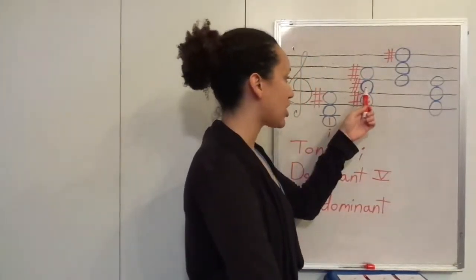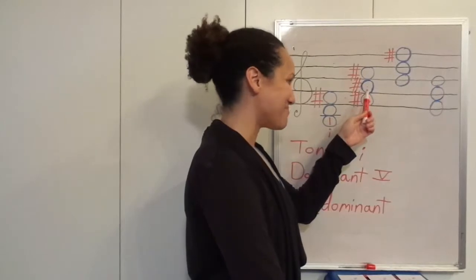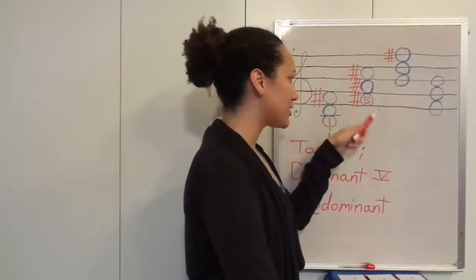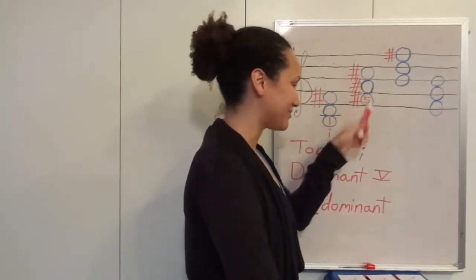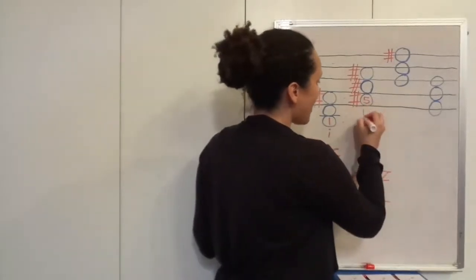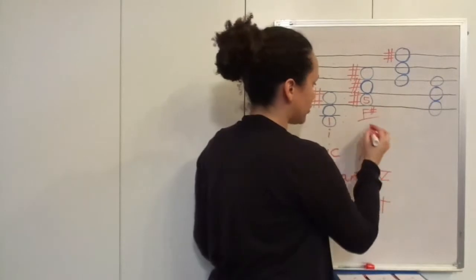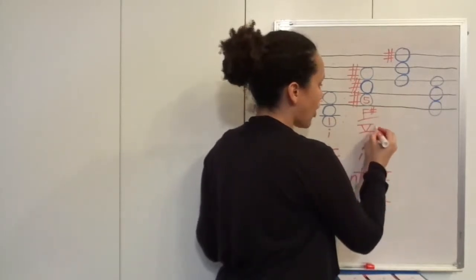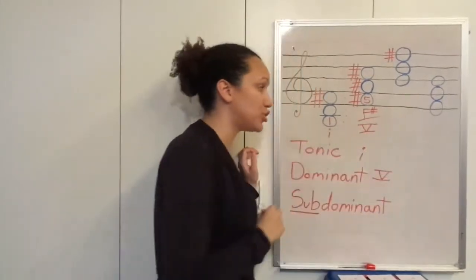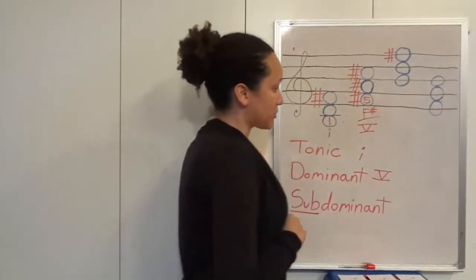And here's with the A sharp. Minor, with the A natural, and A sharp, major. So this is the F sharp major chord. It's capital for major. So we're going to give it a Roman numeral, capital V for major.